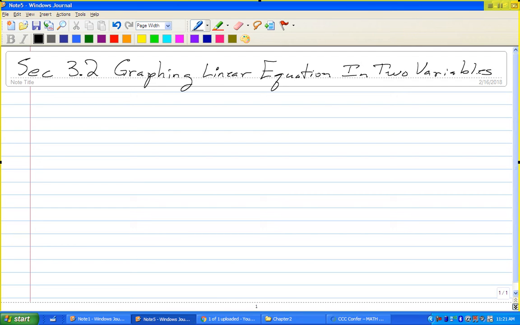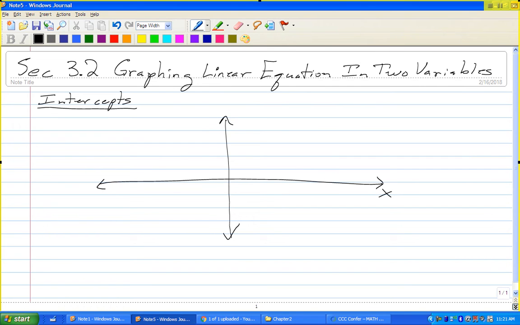So first off, let me tell you about intercepts. Suppose I have some curve in the plane relative to some coordinate axes.